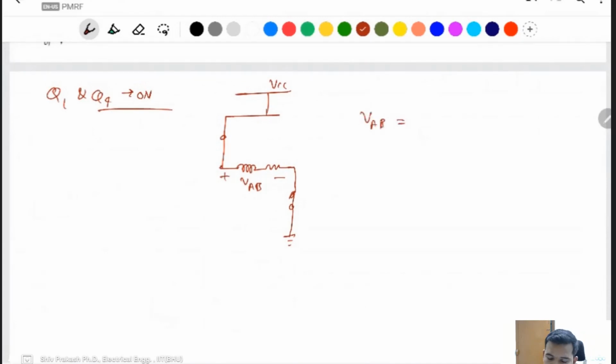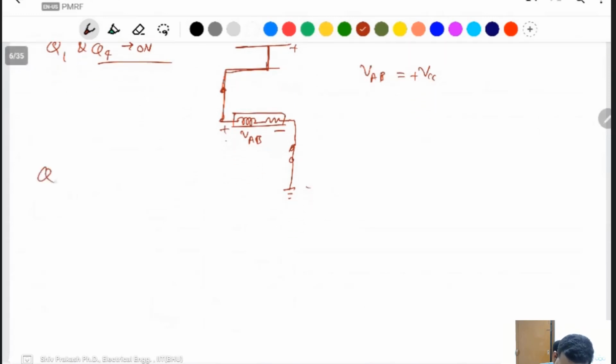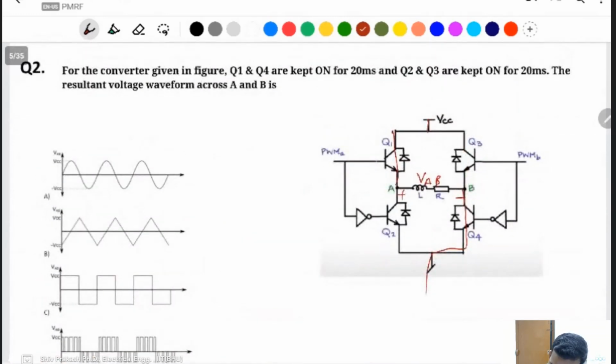You can simply apply KVL: plus VCC, this one is on, this is the load plus VAB. This one is positive and this one negative, connected to the source. For the next 20 milliseconds, when Q2 and Q3 are on.